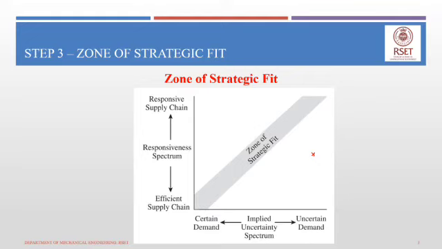Based upon the level of uncertainty faced, the supply chain should be tailored to be much more responsive. So for increasing implied uncertainty, the supply chain has to be made more and more responsive by trading off efficiency.